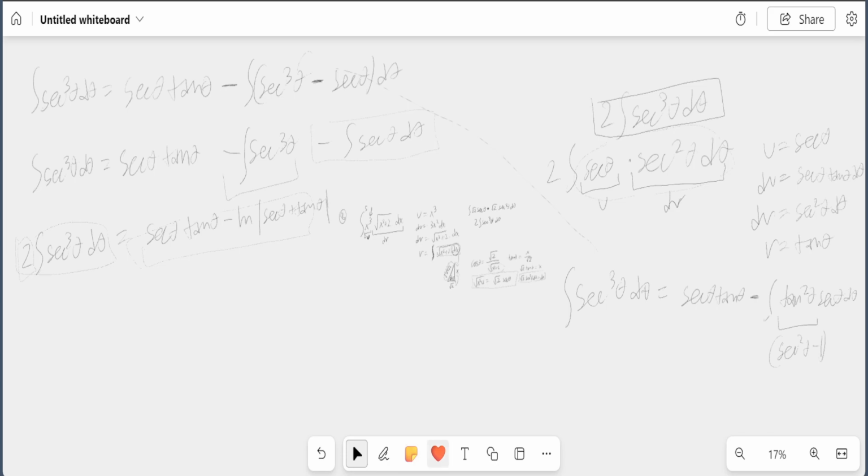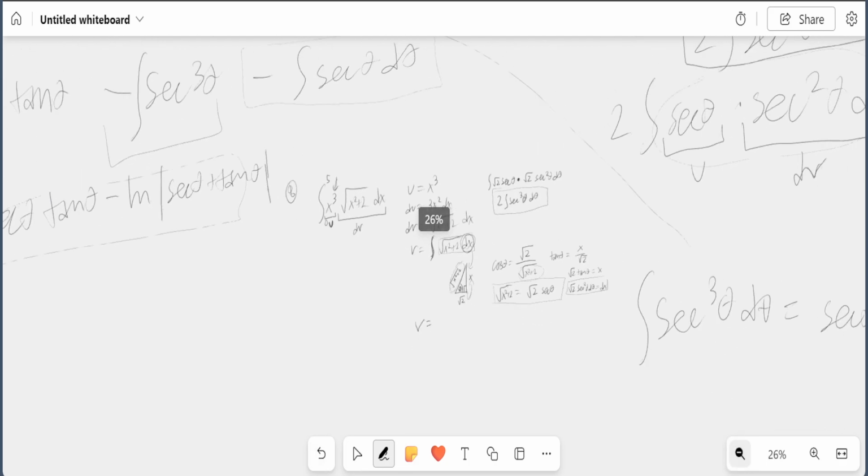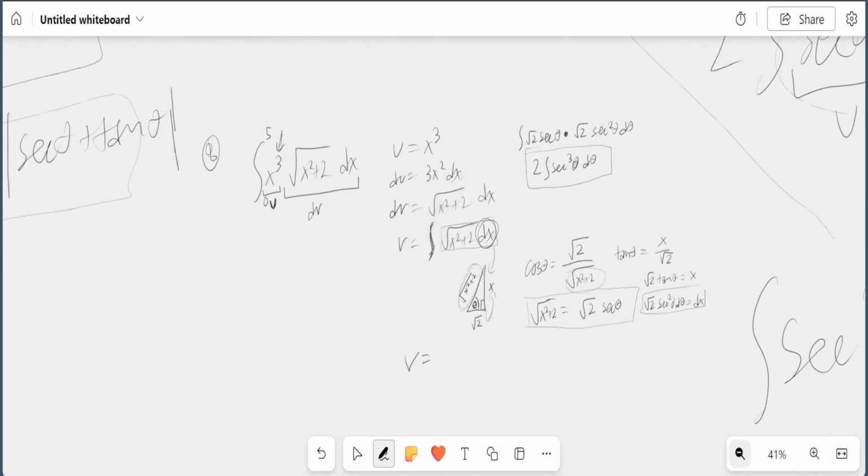So when we did our trig sub, let me zoom back in. When we converted everything in terms of theta, that's what we had, right? And now v is equal to secant theta tangent theta, right? And what's secant theta in our triangle? We can convert it back to x. Secant theta in our triangle is 1 over cosine, so that's root x squared plus 2 over root 2.